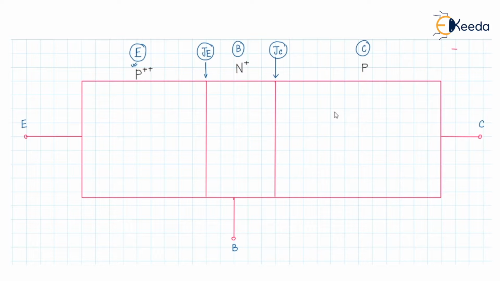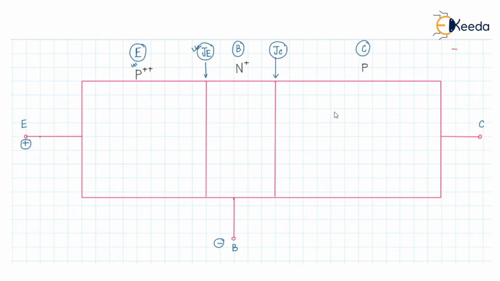Now since we need to make the JE junction forward biased, we have to connect positive polarity here, because the emitter is P type, so we have to make it positive, and the base region is N type, so we have to make it negative.